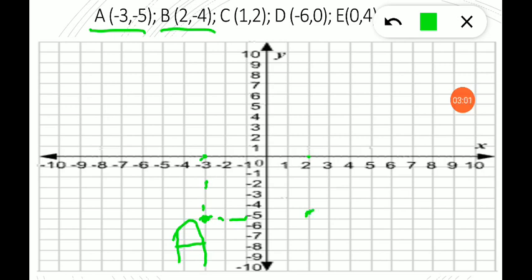This point will come, so this point is our point B. Then the next point C is (1, 2), which means x is 1, y is 2. We will take 1 on x and 2 on y, and it will go here. This is our point C (1, 2).